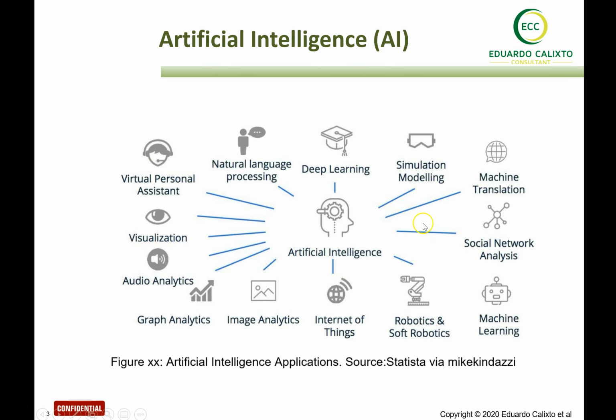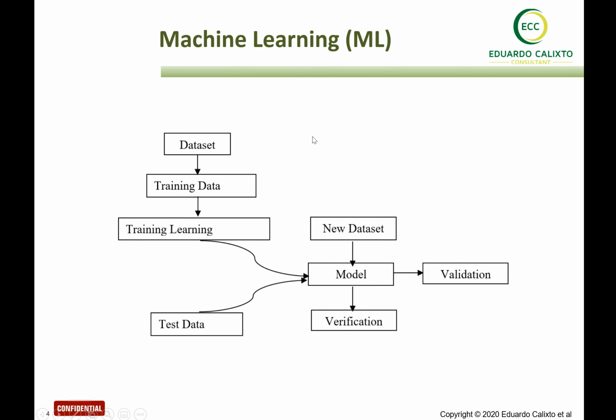Consider the different methodologies that we have in artificial intelligence that can be applied to the context of maintenance. We still focus on machine learning. Later on, we'll discuss deep learning. The machine learning concept is the same that we already presented before. We have a data set that can come from a sensor or a non-destructive test, and this data set is split into training data and test data.